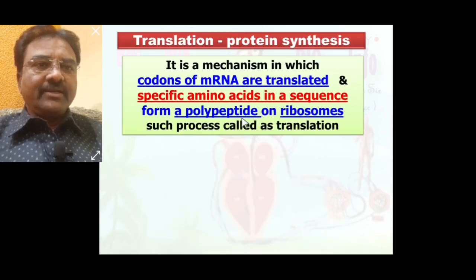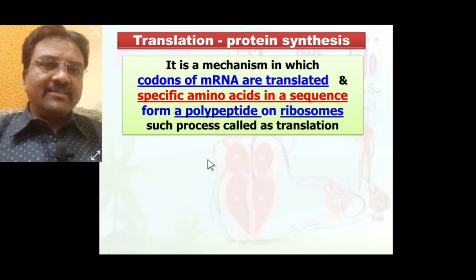Such a process is called translation. In the translation process, a polypeptide chain is formed on the ribosome with the help of codons present on mRNA.